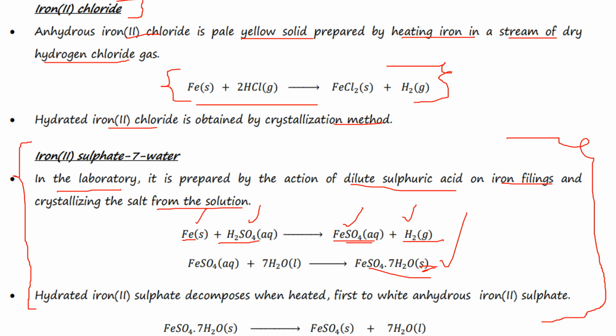So proceeding, we are going to say that hydrated iron 2 sulfate decomposes when heated, first to white anhydrous iron 2 sulfate. Now usually these, like I said, are laboratory examination practices. They will give you a solid, and then they tell you to heat, and then you start to mention what is being observed.